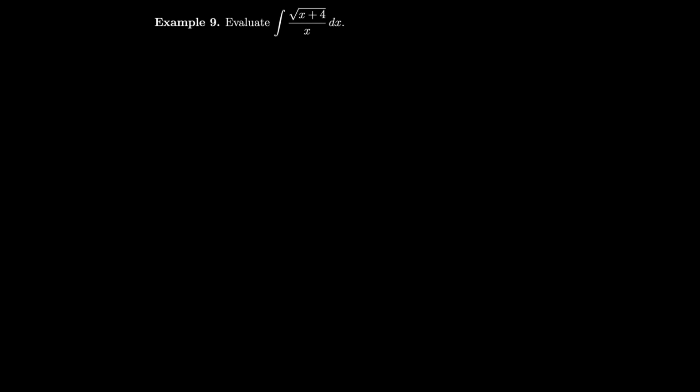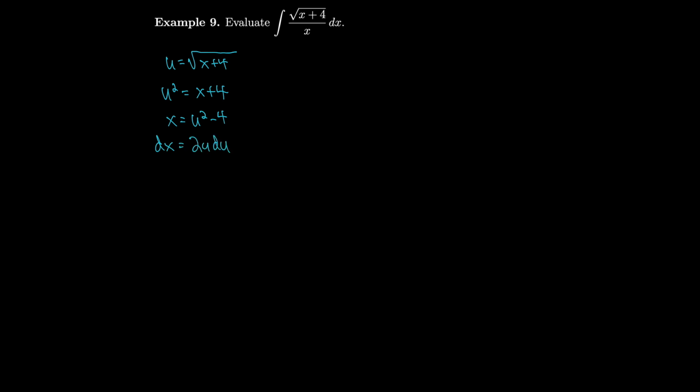So to see this, let's let u equal the square root of x plus 4. Then u squared, so that we can get rid of the square root, is just x plus 4. So we can solve for x now and see that x is u squared minus 4. And now we can see that dx is 2u du.